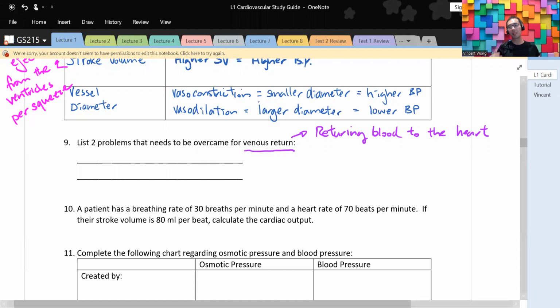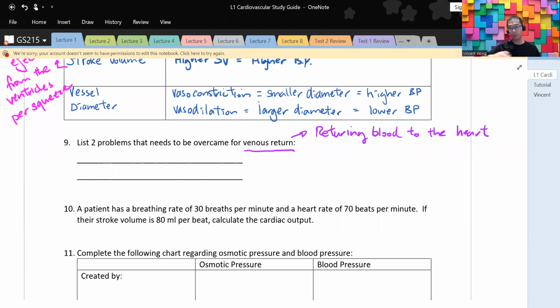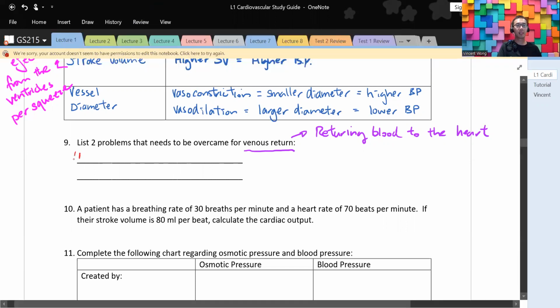So everything that's below that level, that line that I drew earlier, is going to have to go upwards against gravity. Okay, so that's the first major problem that we have to overcome. Number 1 is gravity. So blood has to go against gravity. And in order to do that, we rely on skeletal muscle.